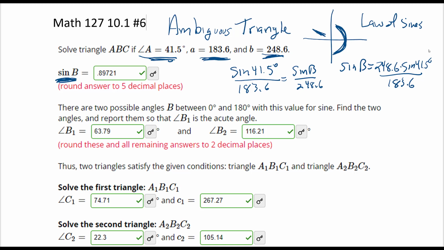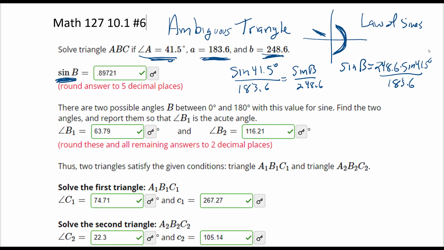248.6 times sine 41.5. Make sure it's in degree mode. Divided by 183.6. I have this weird answer, like that's not even possible. Oh, helps if I type everything in correctly. Okay, good.